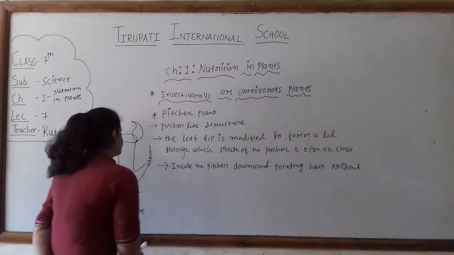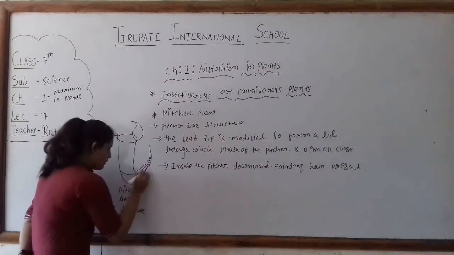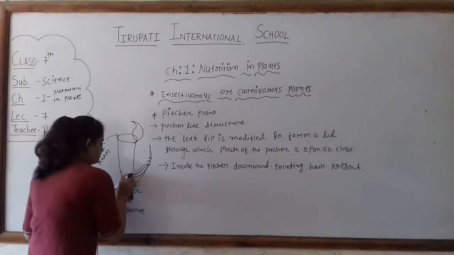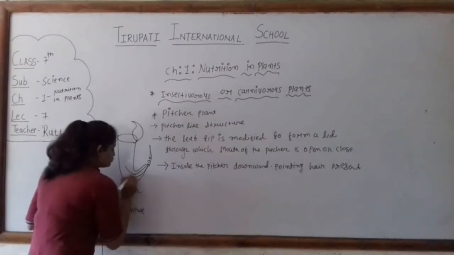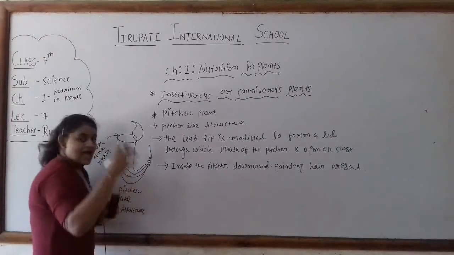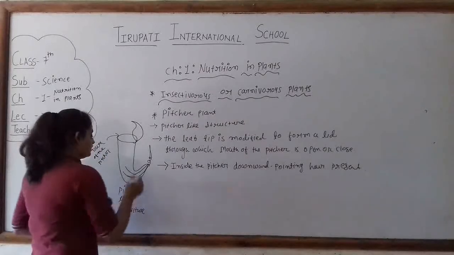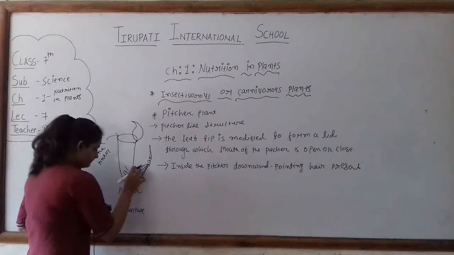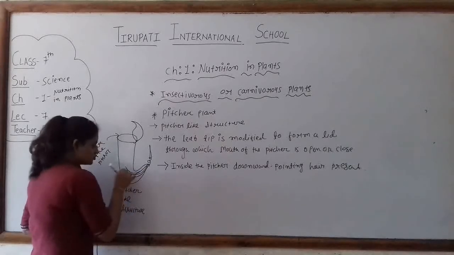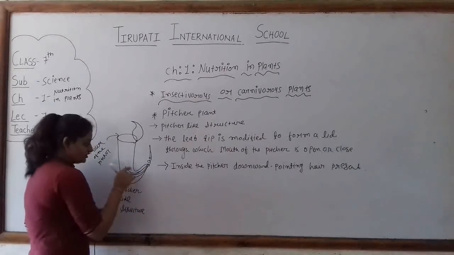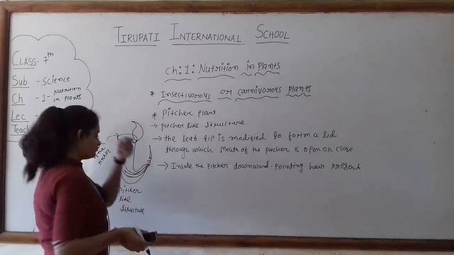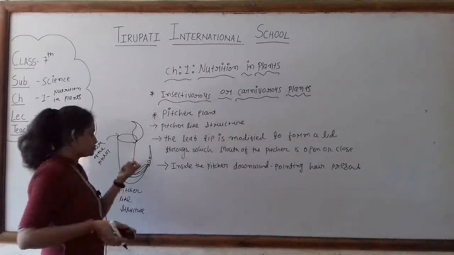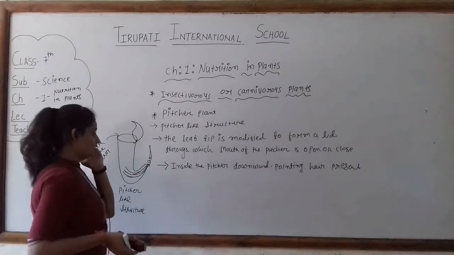So inside this pitcher there are downward pointing hairs present, and they are sharp at the points. These are the sharp, downward pointing hairs. There are certain types of pointing structures with sharp edges present inside the pitchers.